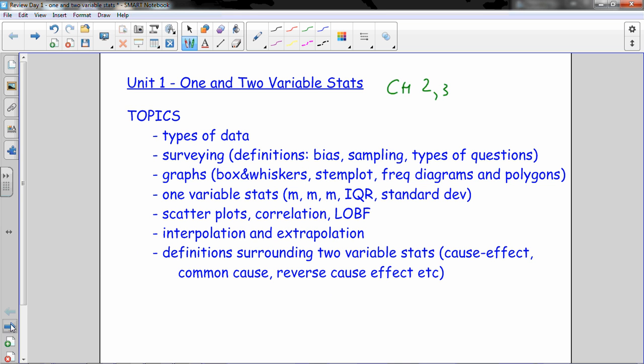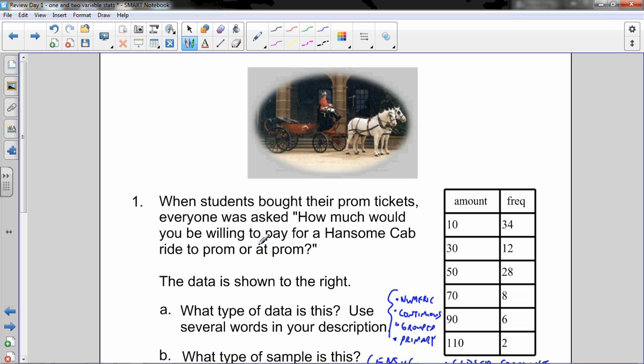What I'm going to show you here is a couple of typical examples from this chapter. Now, a little bit of a story about this. All these examples came from a couple of years ago.